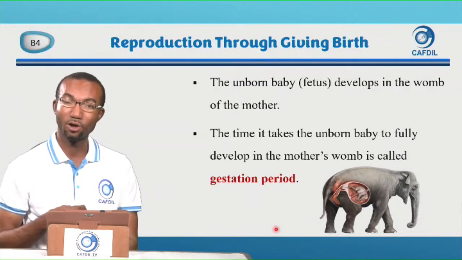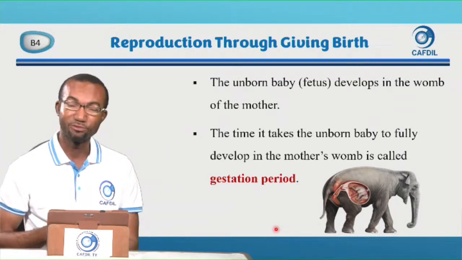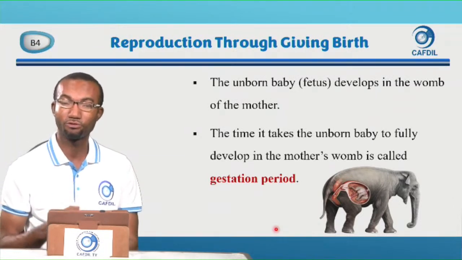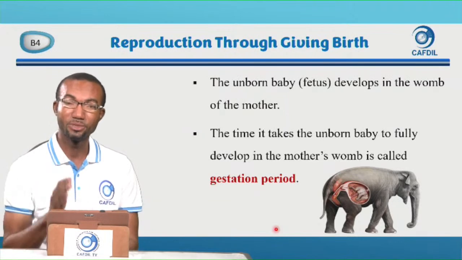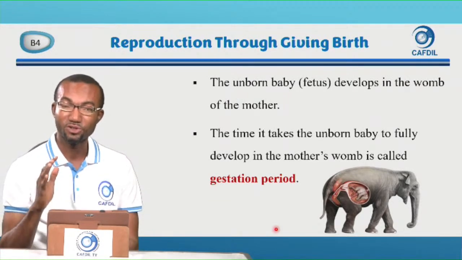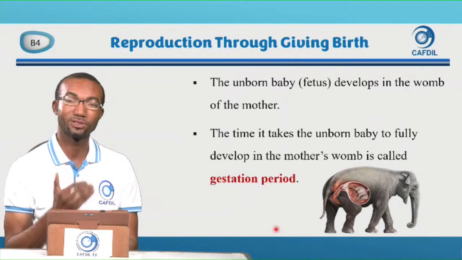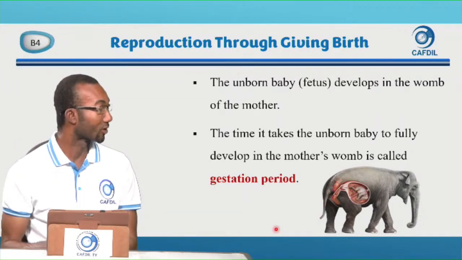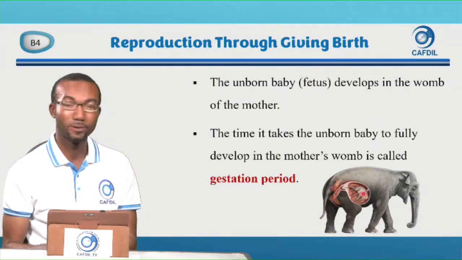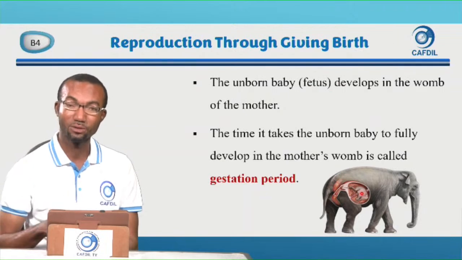It means the unborn baby is developing in the womb of the mother. When the baby matures fully, then it will come out from the mother. So the unborn baby is called the fetus, and it develops in the womb of the mother before it comes out as a newborn baby.